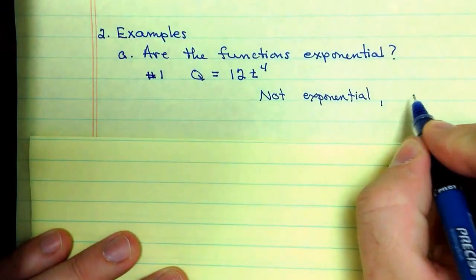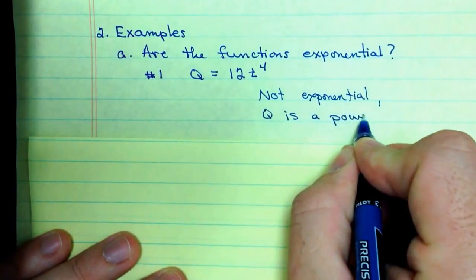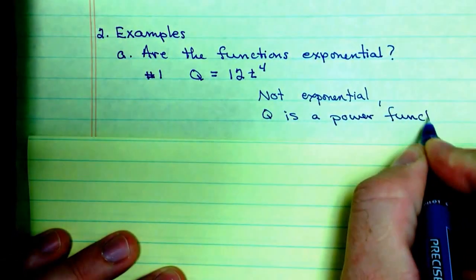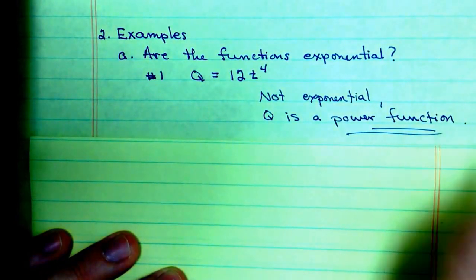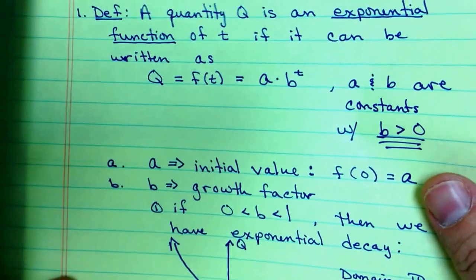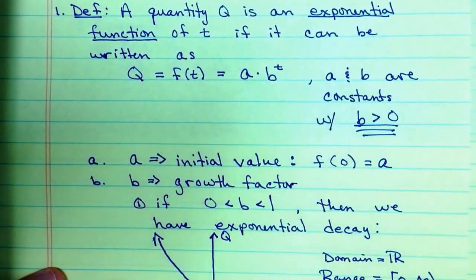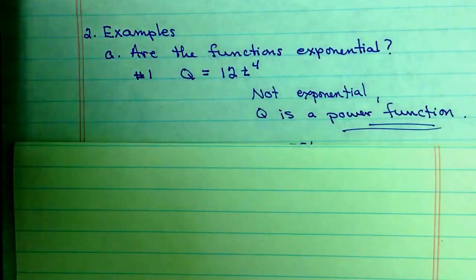This is a power function. Recall that in an exponential function, the variable is the exponent. A and b are numbers. The variable is in the exponent for an exponential function.